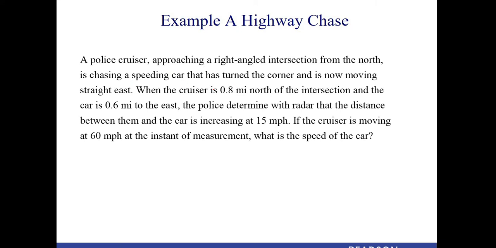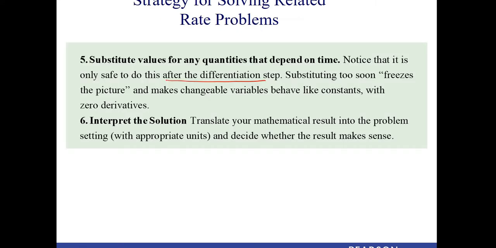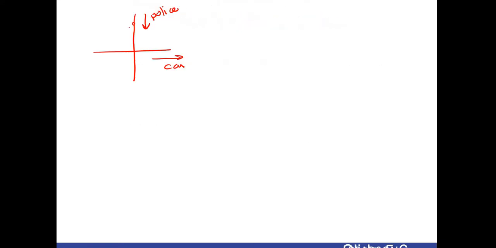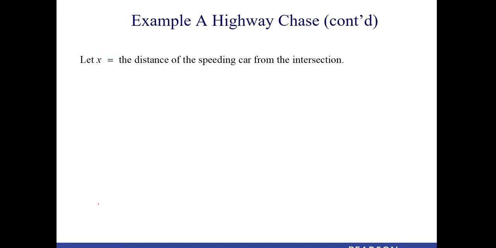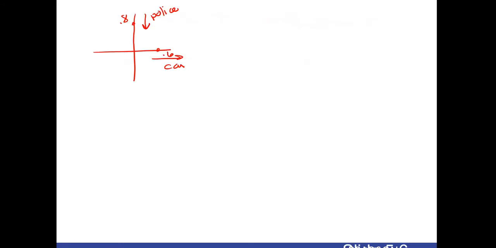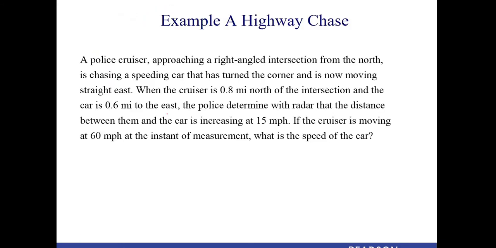When the cruiser is 0.8 miles north and the car is 0.6 miles east, the police determined that the distance between them is increasing at 15 miles an hour, and the cruiser is moving at 60 miles per hour.